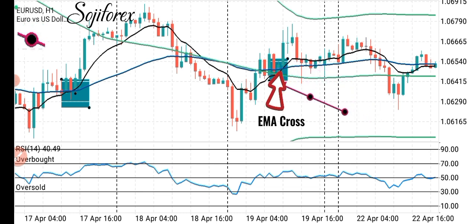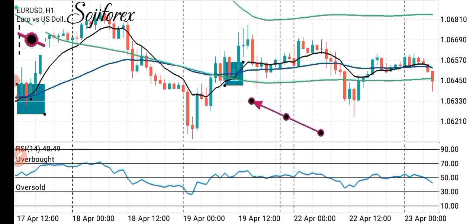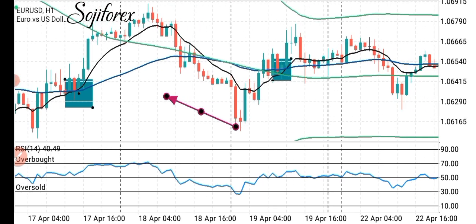And just imagine, before this cross happened, the price is somewhere up here, and then you bought, and immediately you bought, the next thing is the price crosses again to the downside. So you continue on and on, making it look as if the indicators are not working. The question is not if the indicators are working, but you are using the indicator in a wrong way.